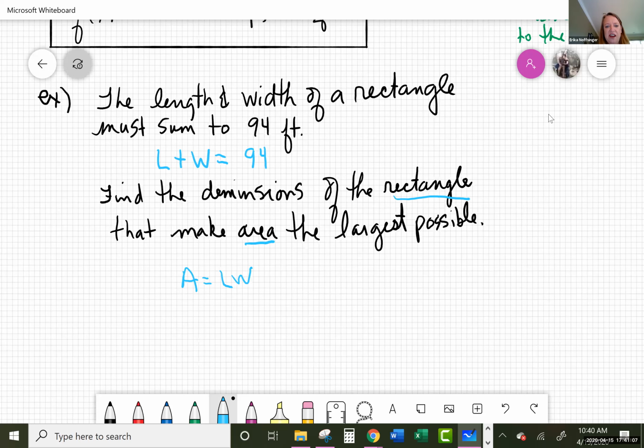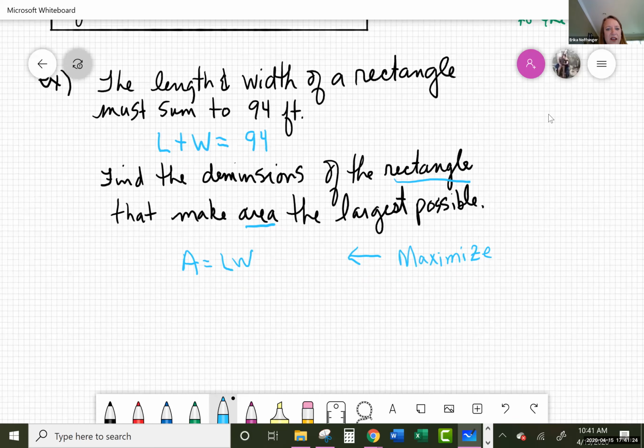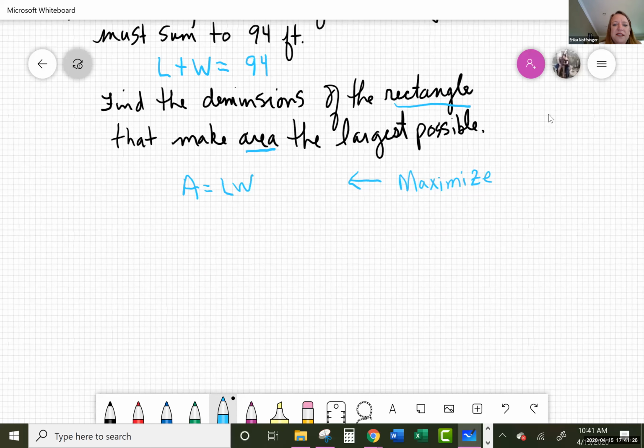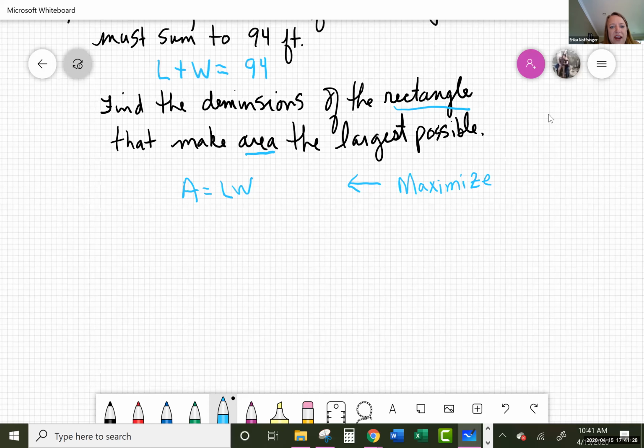So I actually have two equations. This is what I'm trying to maximize. So what value is that maximum area? The problem is I don't want length and width, I don't want both variables in here.